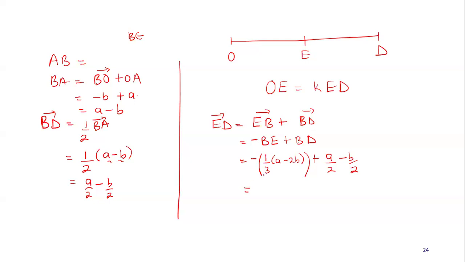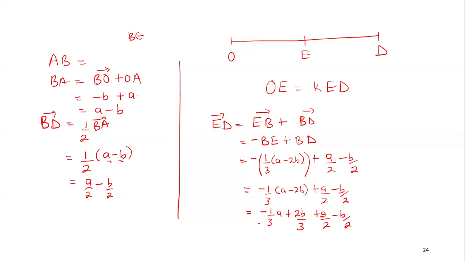This negative will affect, so it becomes negative a third into A minus 2B, plus A out of 2 minus B out of 2. When I open further, it will be negative a third of A. Negative times negative gives a positive, so it will be 2B out of 3 plus A out of 2 minus B out of 2.